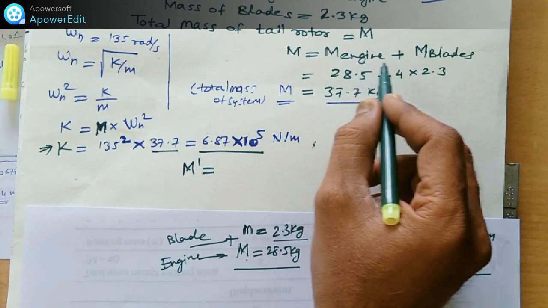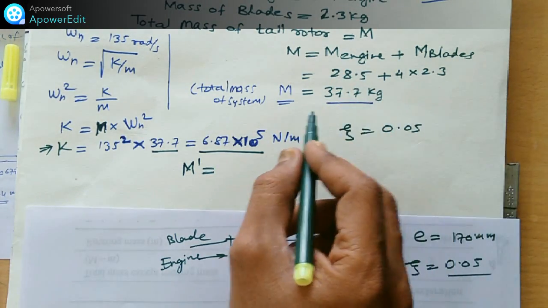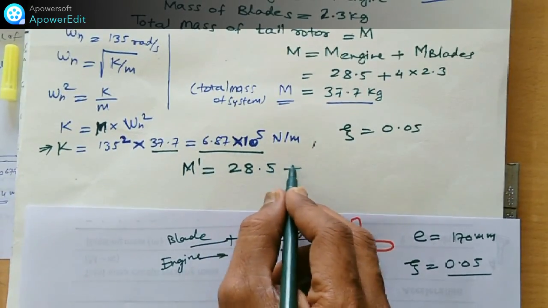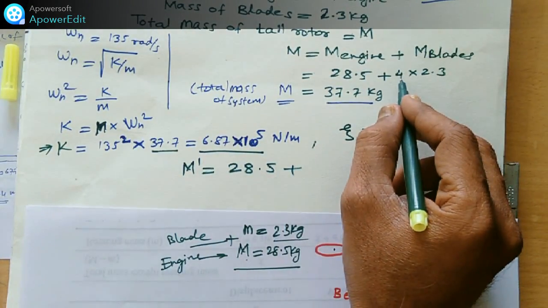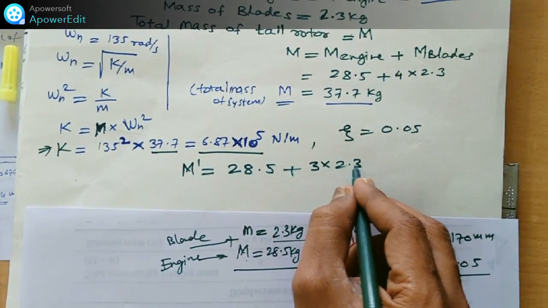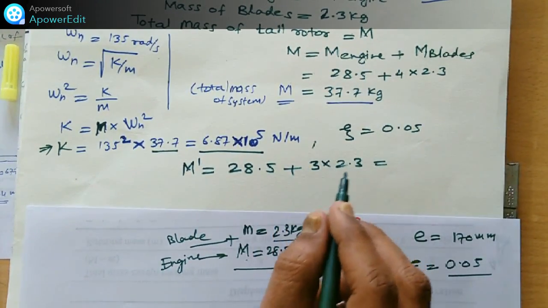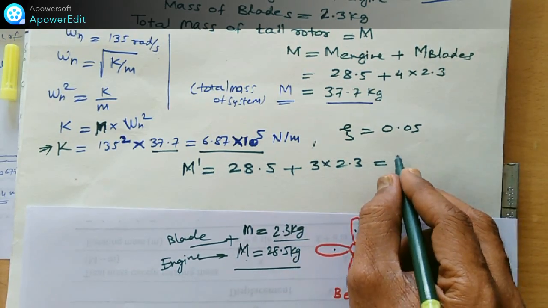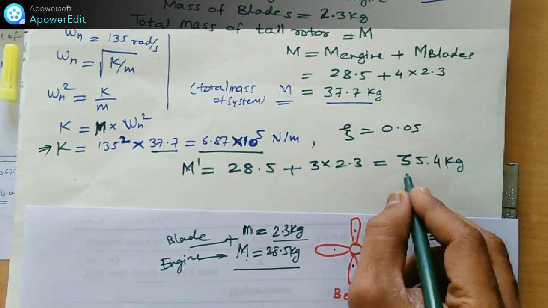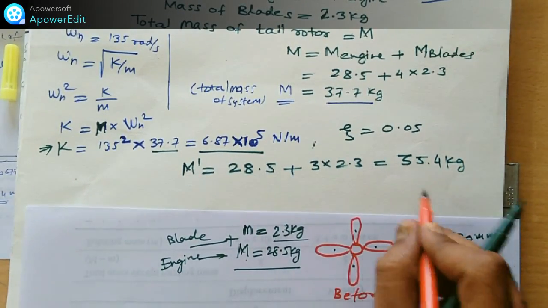M engine plus M blades. Similarly, we calculate M engine 28.5 plus blades, now not 4 but 3 into 2.3, and the value becomes 35.4 kg. This is the answer for M dash.